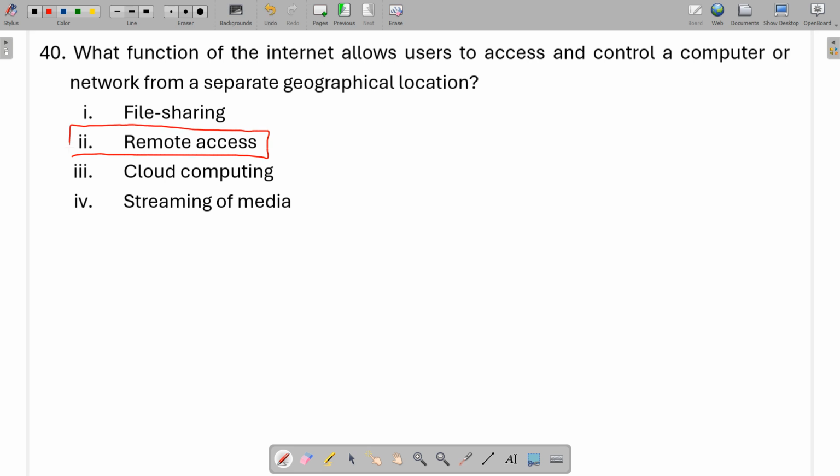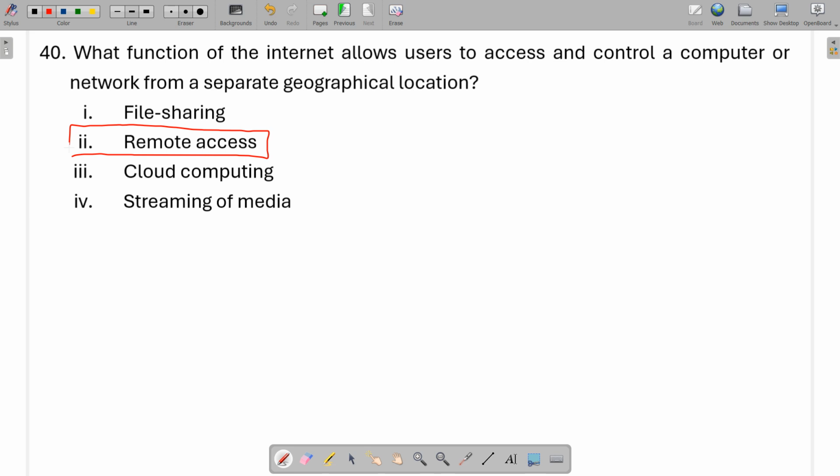File sharing is one of the services of the internet, but it is not talking about remote accessing. Cloud computing is something where we are accessing the things that we have saved in the cloud, and we are just using the cloud facilities. But cloud computing will not give you the chance to control a computer or a network.